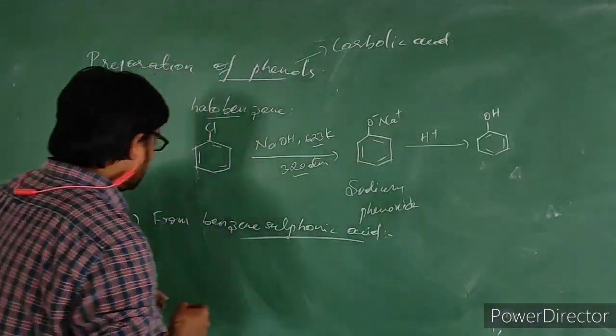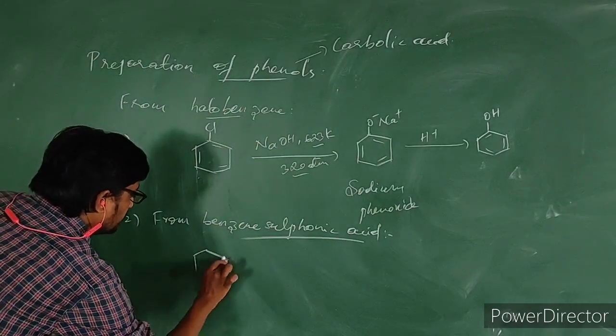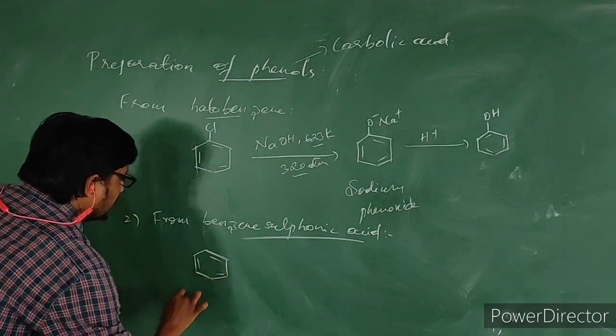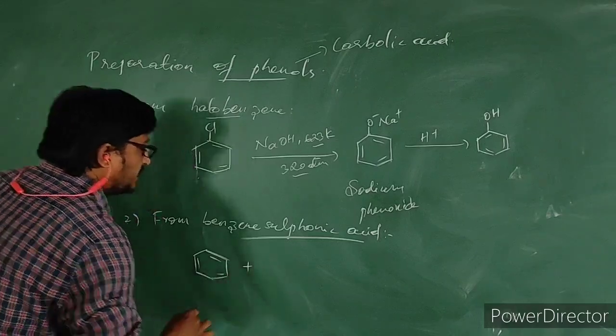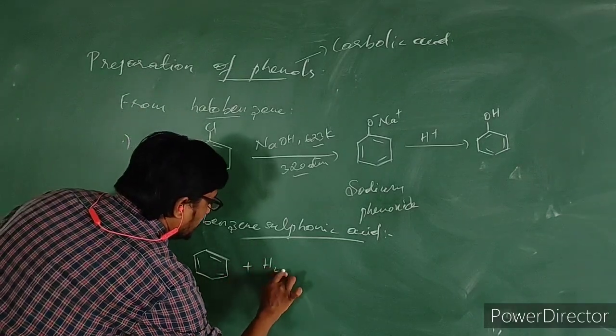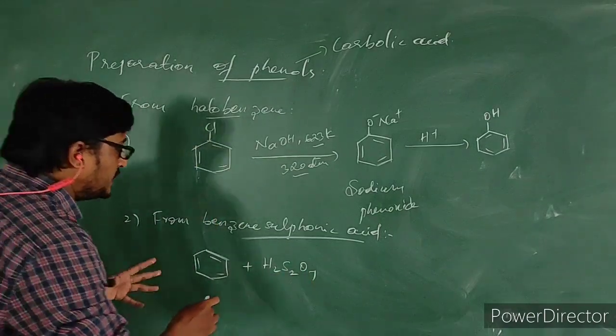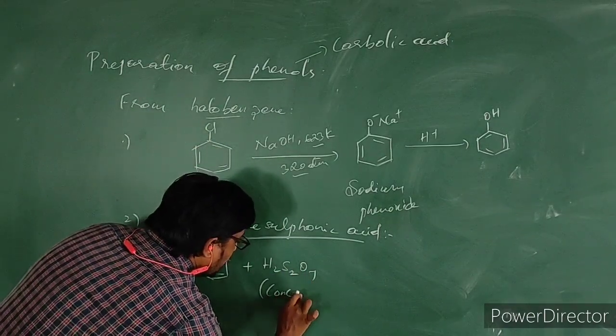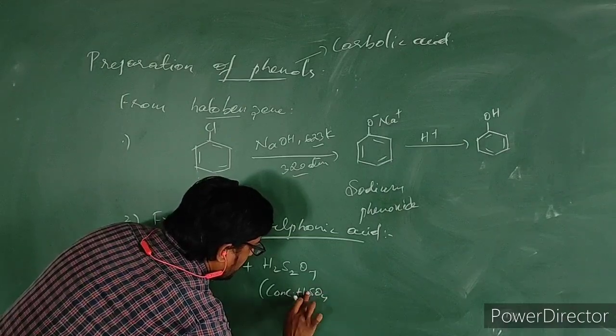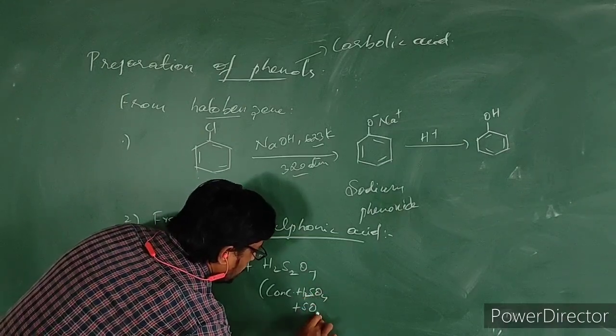For example, let us consider benzene. This, when we react with oleum, the formula of oleum is H2S2O7. It is a mixture of concentrated H2SO4 and SO3.